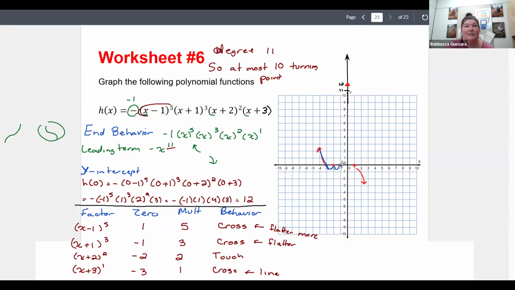Technically, I shouldn't do this, because it's not really flat there, or a straight line. I'm going to use it to help me get the line straighter. And then we're supposed to really flatten out here. Oops, just trying to get rid of the red part. So that is vaguely what that graph should look like.